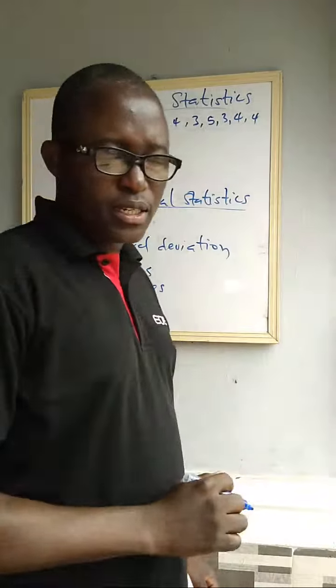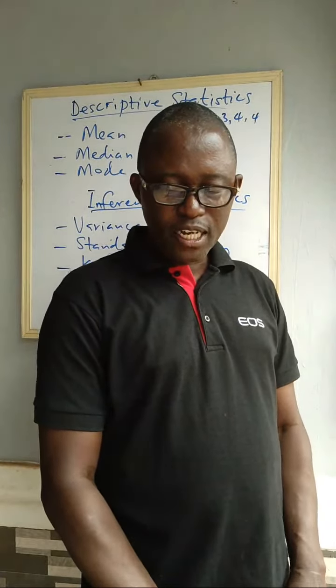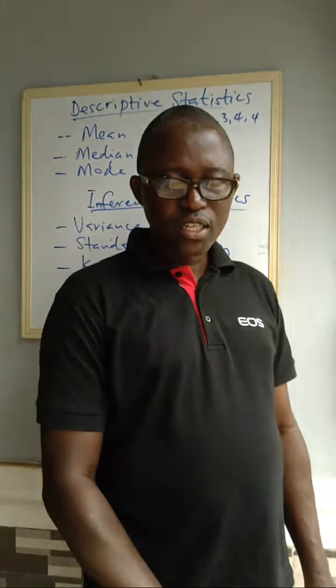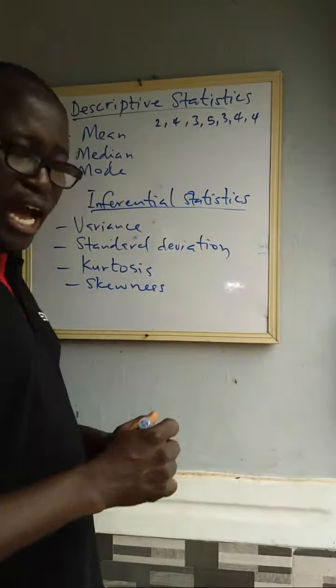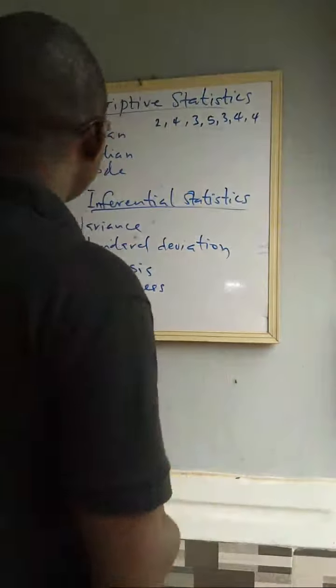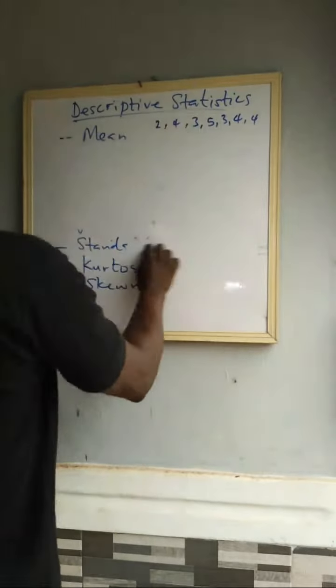This is 7 items completing a set of data. Now, we can decide to determine the mean. And like you know, mean is average. So let's say we want to determine the mean for this set of data.